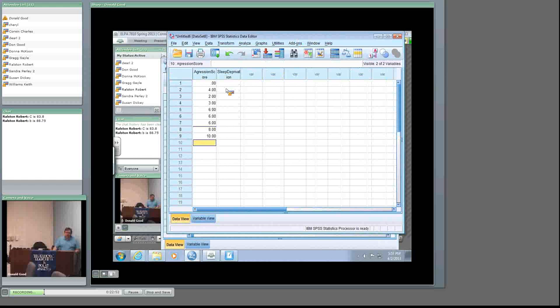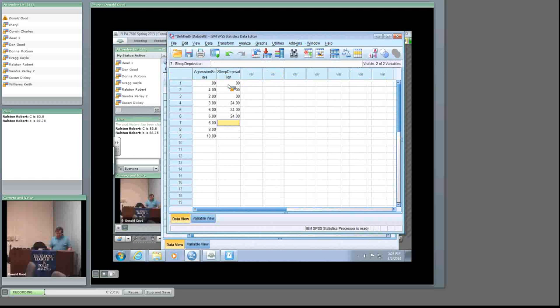Okay. Look at what my sleep deprivation categories were. They were 0 hours of sleep deprivation. I can enter 0. That's how much sleep deprivation they had. The next group of 3 was 24 hours, so I can enter 24. So I can put in a number of hours, because that's what my category is.